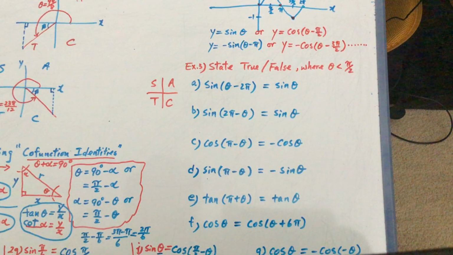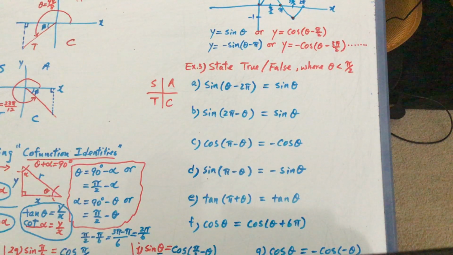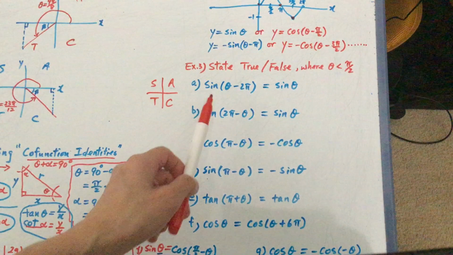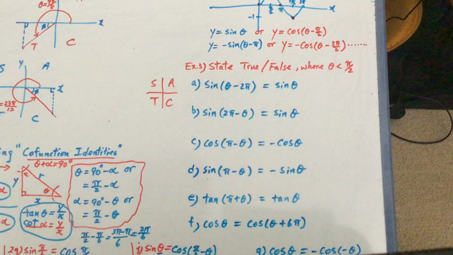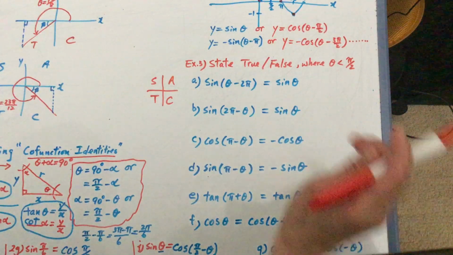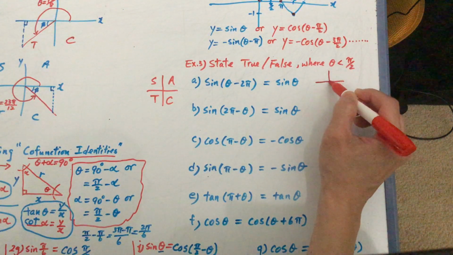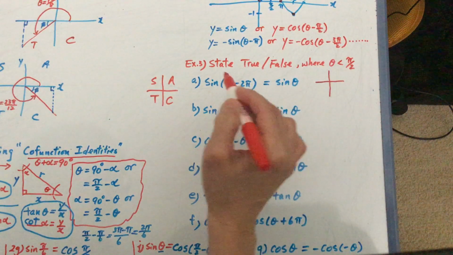So think about example number 8. When I have sine of theta minus 2 pi, would that be equal to sine theta? I want you to quickly draw this graph yourself right beside it. Think about the left side.